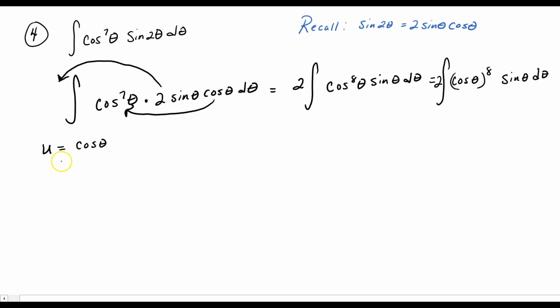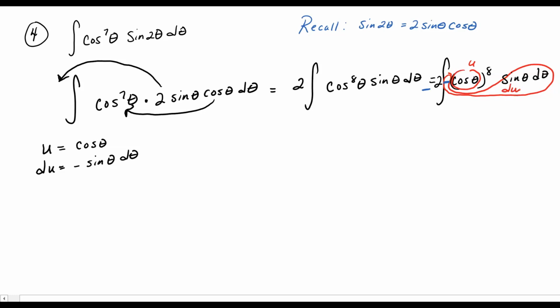Since u equals the cosine of theta, du is negative sine theta d theta. So we're going to have to write in a negative. I'm going to put a negative there and a negative there. Now I can put my rings around what I know. This right here represents my u, and this negative sine theta d theta represents my du.